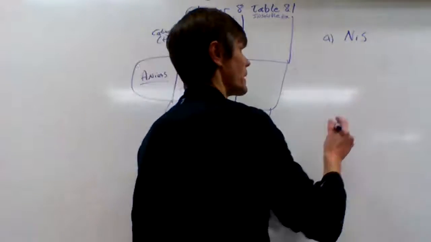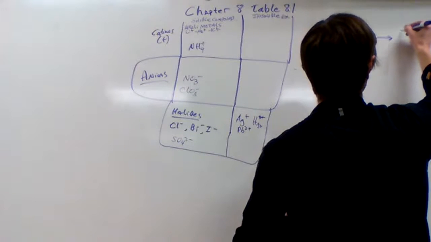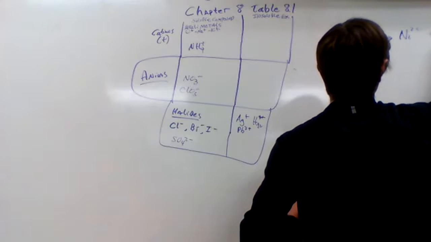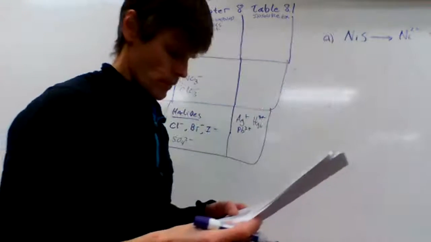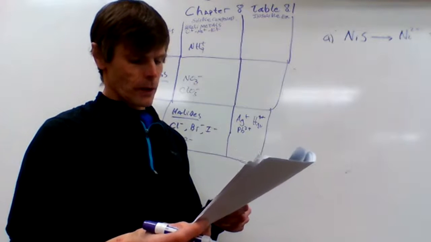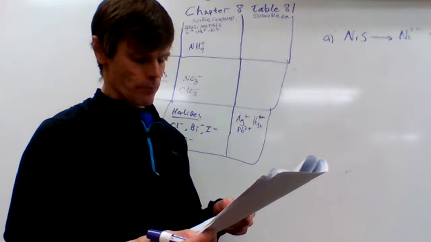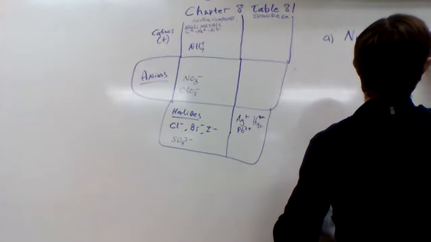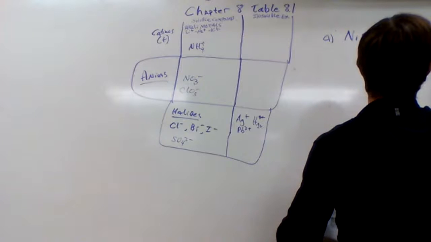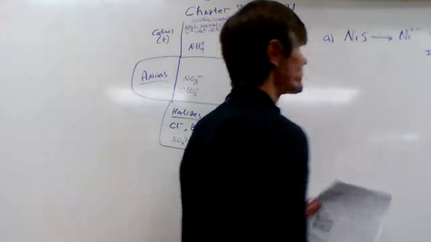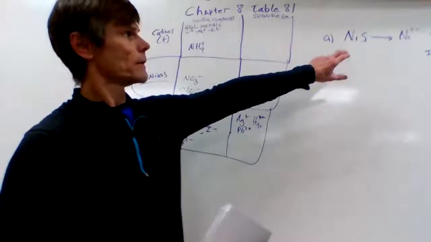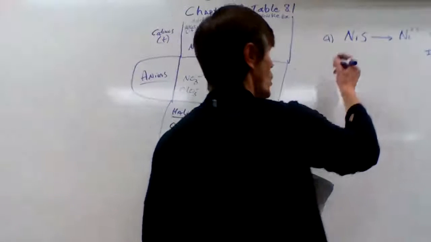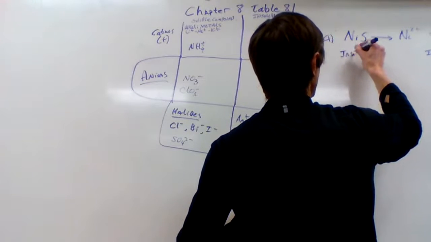If we break this up into its individual ions, we would look on our list here, and what we would find out is that most of our sulfides are insoluble. This compound has sulfide in it. This isn't an alkali metal sulfide. So this compound is insoluble.